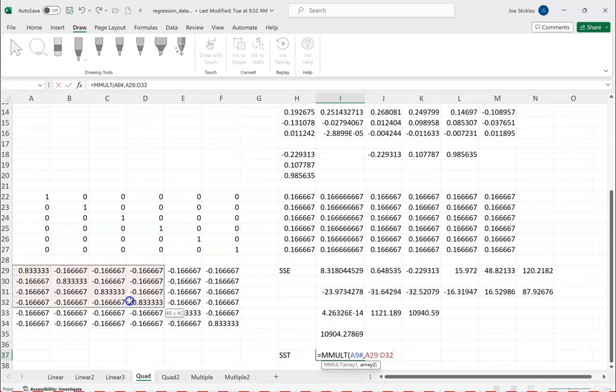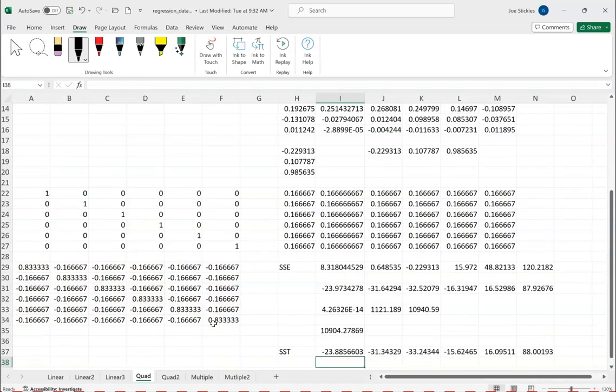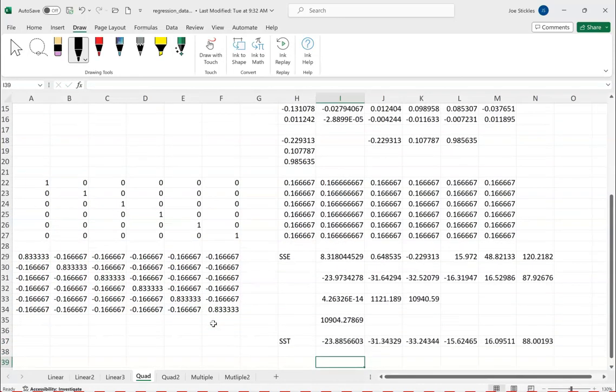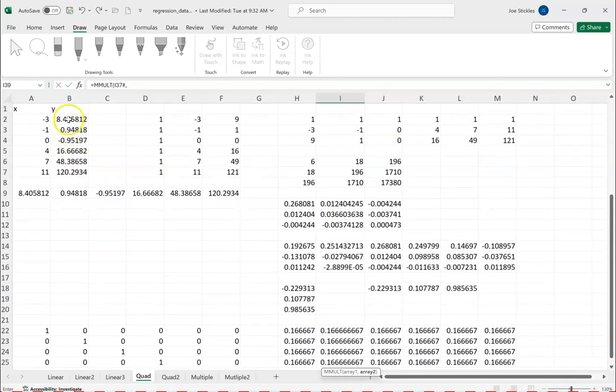The n, which is here. And then finally, we take that matrix we just found and multiply it by what? The y's, which is up here.